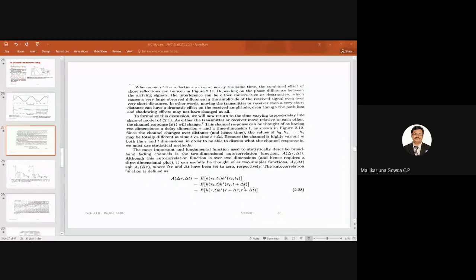see, moving the transmitter or receiver even a very short distance can have a dramatic effect on the received amplitude, even if we neglect the effect of path loss and shadowing. Even if the path loss and shadowing effects are not changing, if the transmitter or receiver moves over a very short distance, due to this reflection there will be a large change in the received signal amplitude.